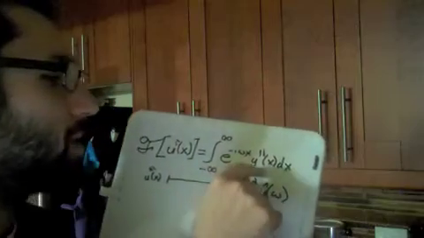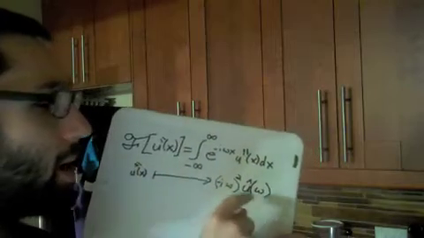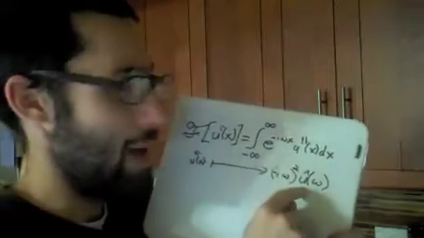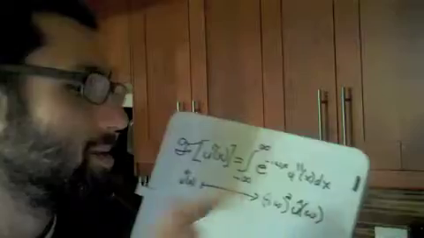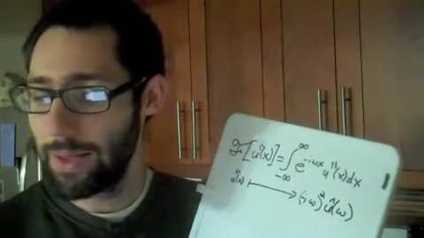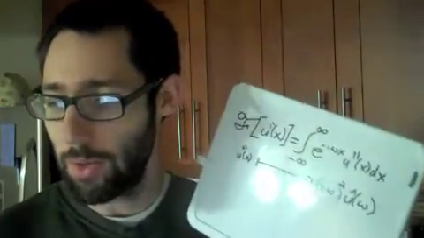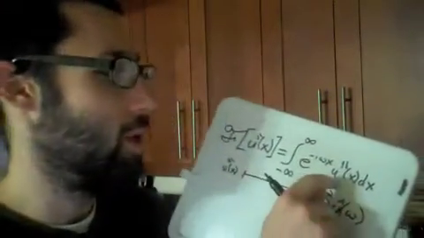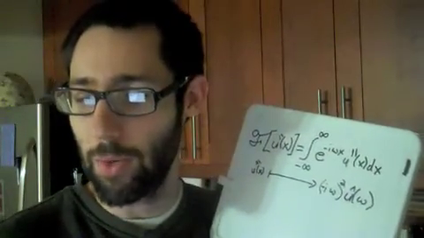So derivatives in the world of x in real space become multiplication by omega squared in imaginary space, where omega is kind of like an imaginary space. Now you can see on the beginning of your handout, if we take the heat equation, u_s minus u_yy equals 0, and do the Fourier transform to both sides, the integral of 0 is 0, so the right-hand side stays equal to 0.